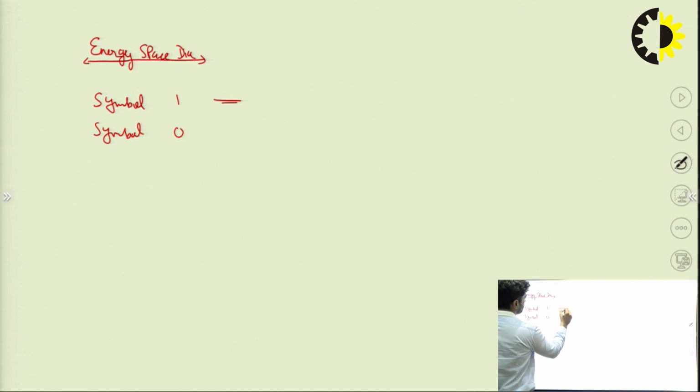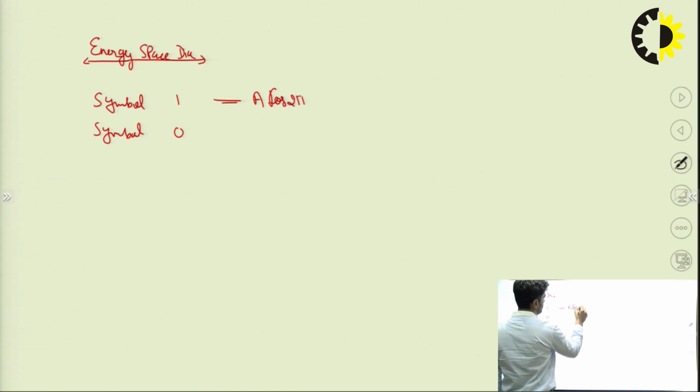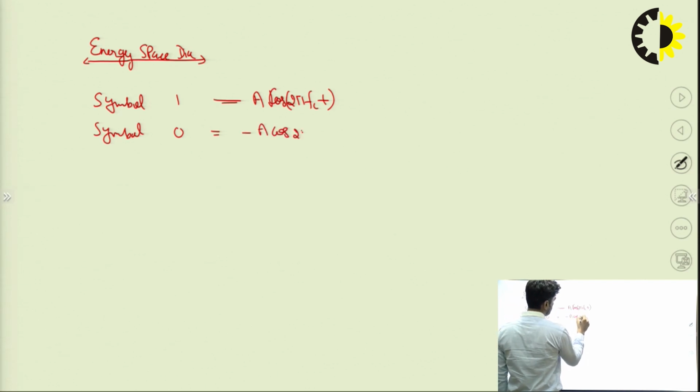Now for the symbols, the equations are A cos 2 pi FCT and minus A cos 2 pi FCT.